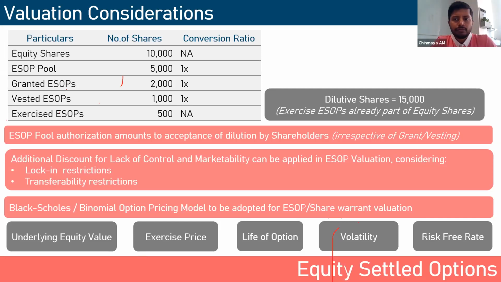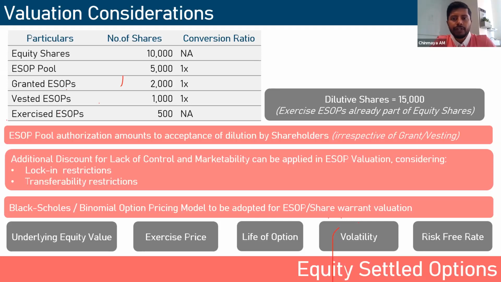Yes, sir. In such an instance, if a liquidation happens, then those people who have been granted and vested, and assuming whoever has exercised, his name has been entered in the register of shareholders as a member, only those people would have any right, but granted and vested will not have any rights, right? So it all depends on the terms of the ESOP scheme.